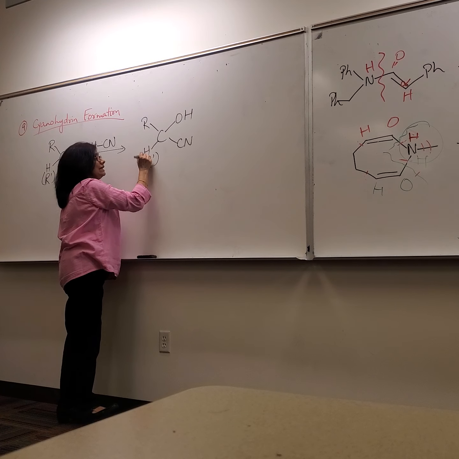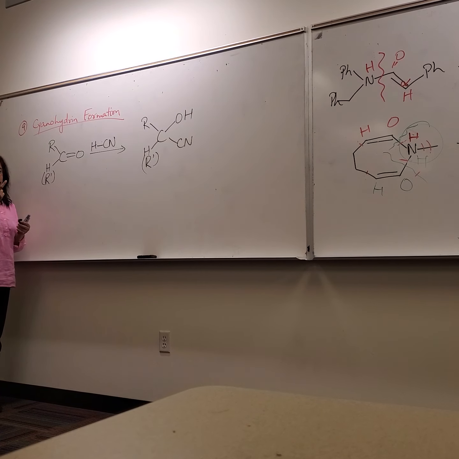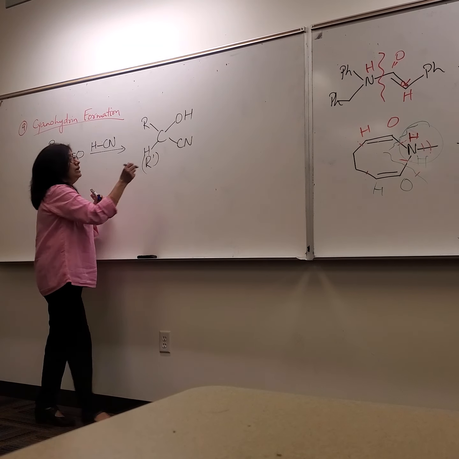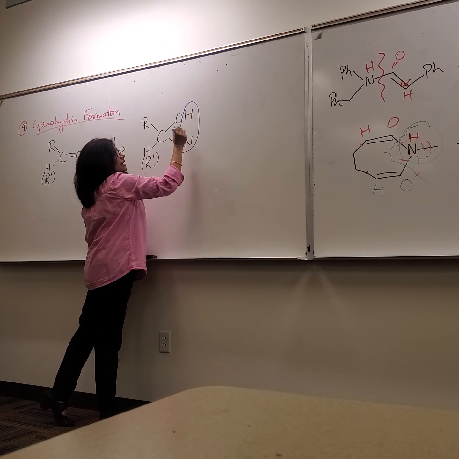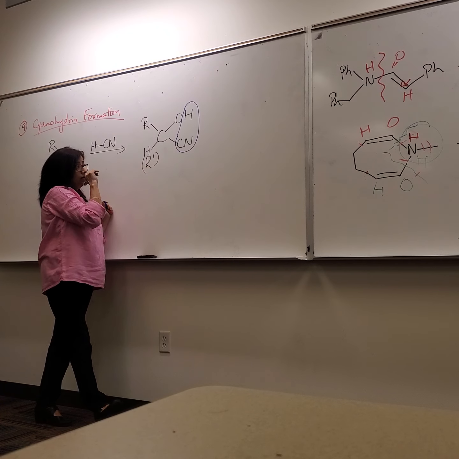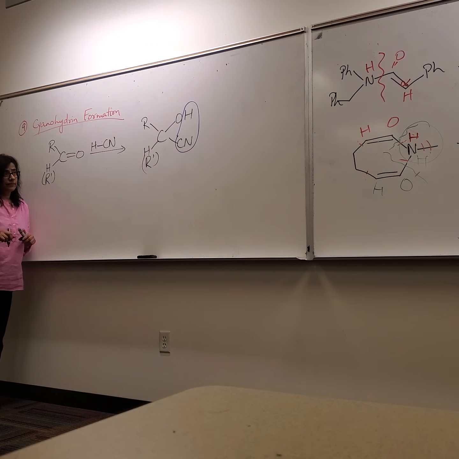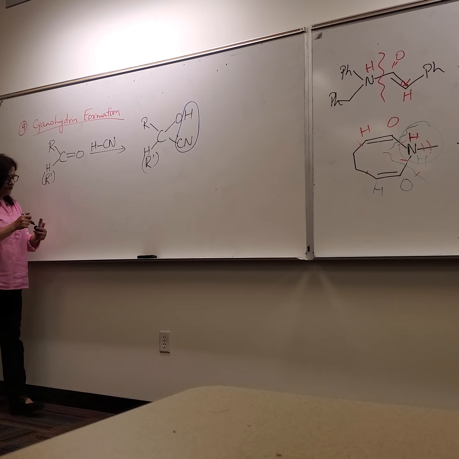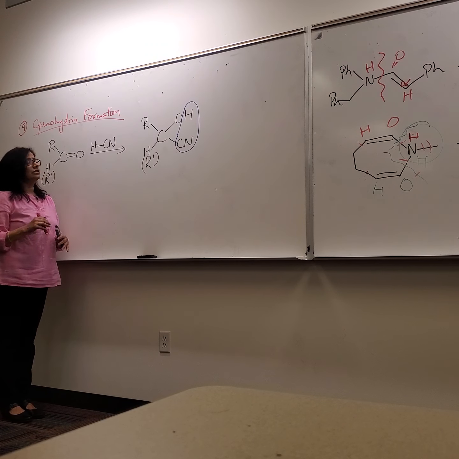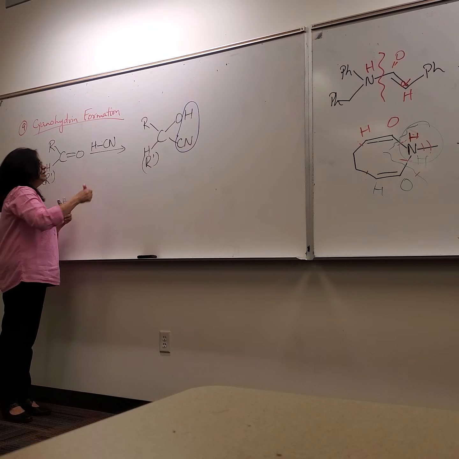So we are basically adding HCN across the pi bond, just like we added water, just like we added alcohol, just like we added amines. This is called a cyanohydrin. Now, just FYI guys, HCN is not something we keep.